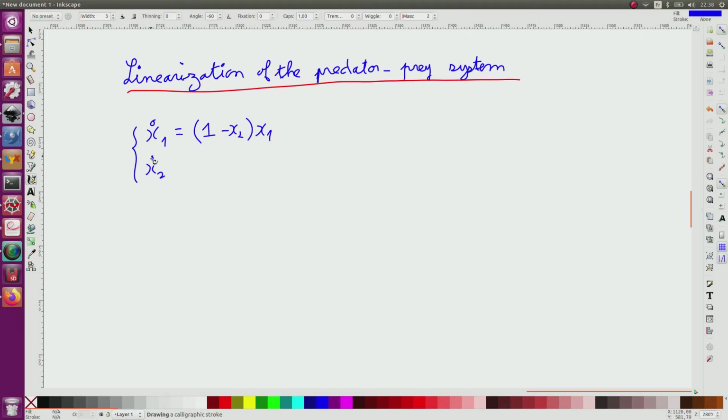And it is also so for the derivative of the population of predators: it is exponential, but a decreasing exponential.